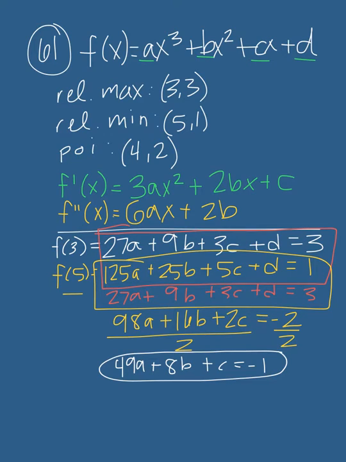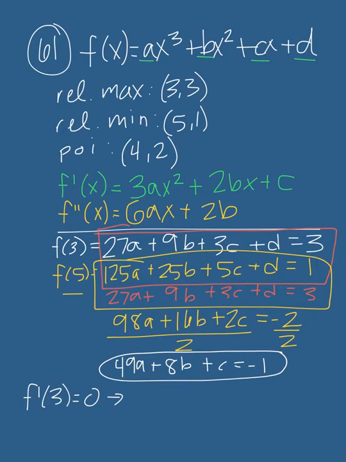The reason we did that is because now I have an equation that doesn't involve d. We're trying to get rid of as many variables as possible here. Okay, because I know that we have a relative maximum at 3, 3 and a relative minimum at 5, 1. That means that the derivative is going to have to equal 0 at 3. So I'm going to take the derivative function. I'm saying that f prime of 3 must equal 0.